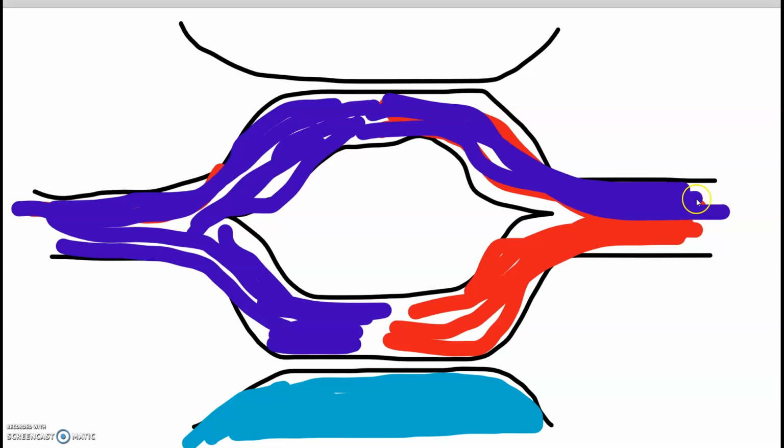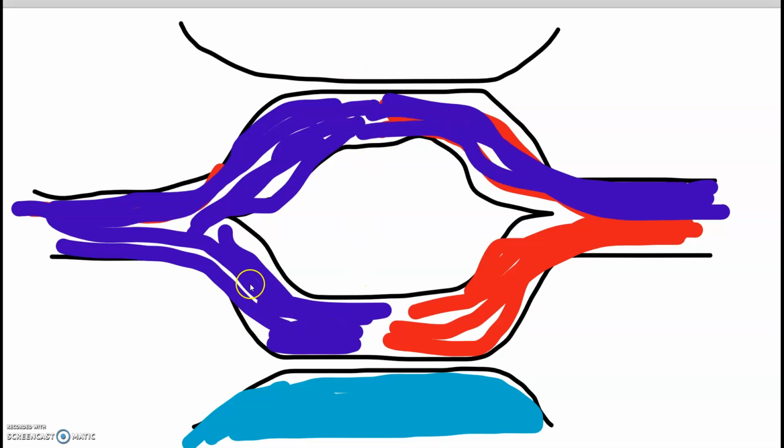So it's getting some red blood, but it's also getting a lot of blue blood. And so that's a problem because that means the body is not getting the oxygen that's needed. It only gets a fraction of the amount that it's supposed to get. So in this case, the perfusion is fine, but there's not enough oxygen.